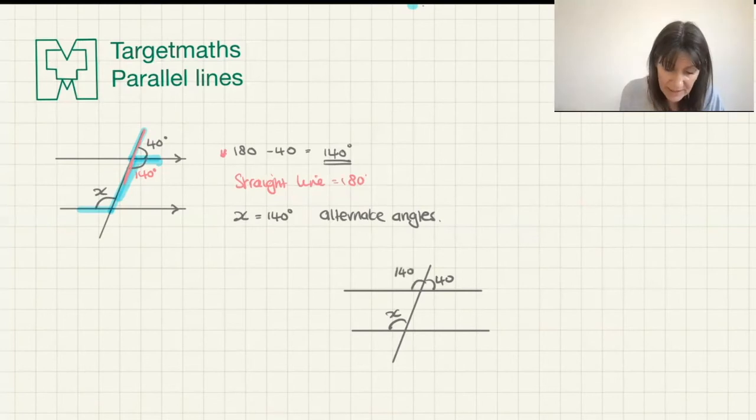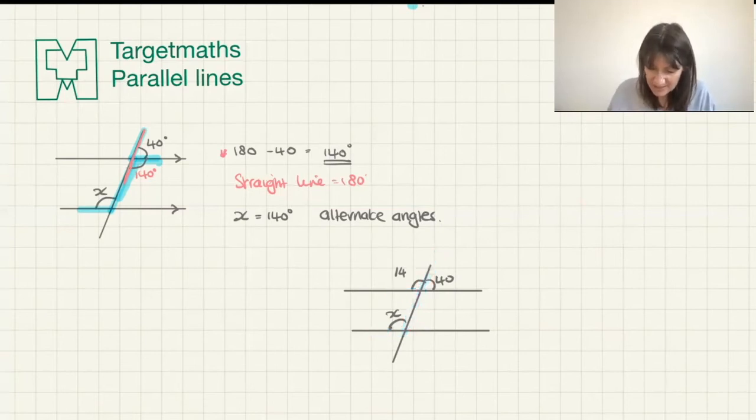And then I could have linked up with an F shape, which you can see there. So my reasons would be actually different. I'd have straight lines still, but then I would have corresponding angles, because that was the way that I went through the diagram that time.